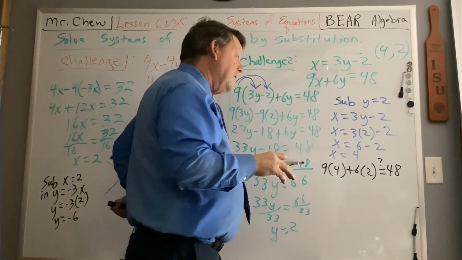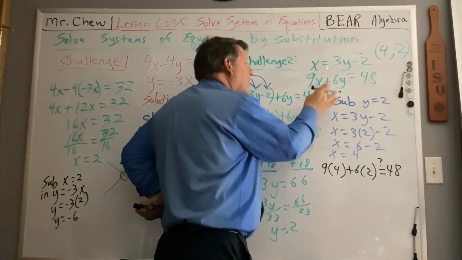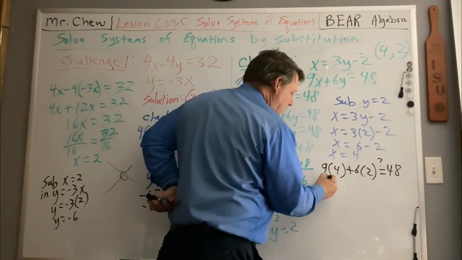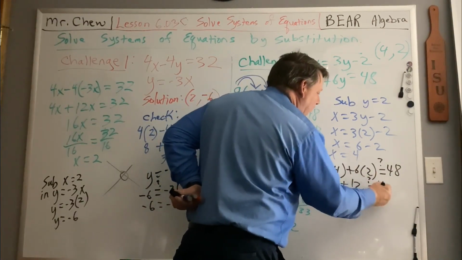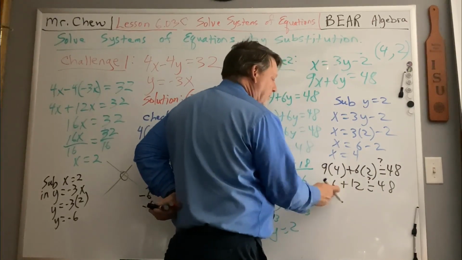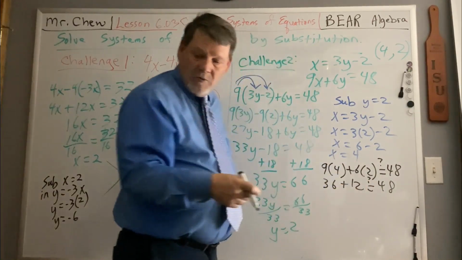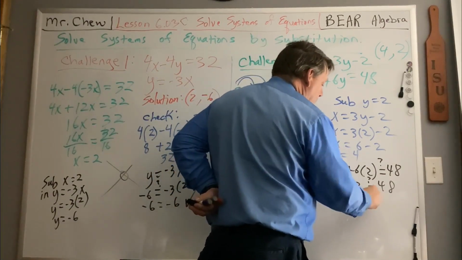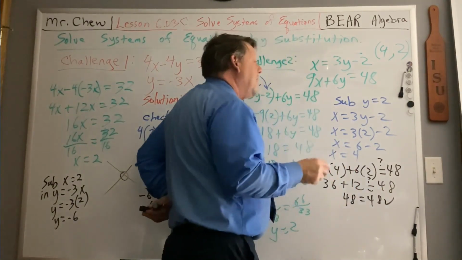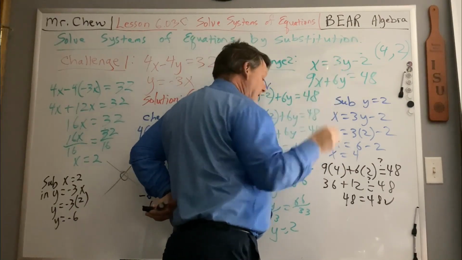And if it does, then it means that 4,2 is on that second equation. So 36 plus 12. Does that equal 48? When I multiply 9 times 4, I get 36. 6 times 2, I get 12. When I add them together, do I get 48? I sure do. 48 equals 48. What does that mean? That means that 4,2 is on that second line.